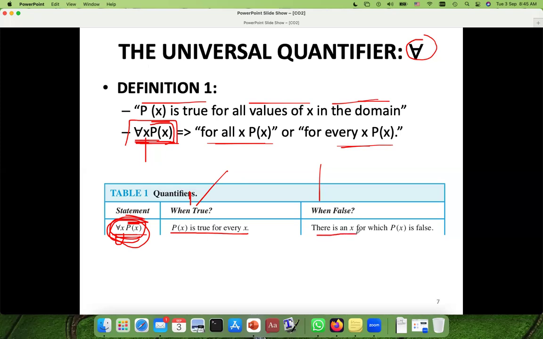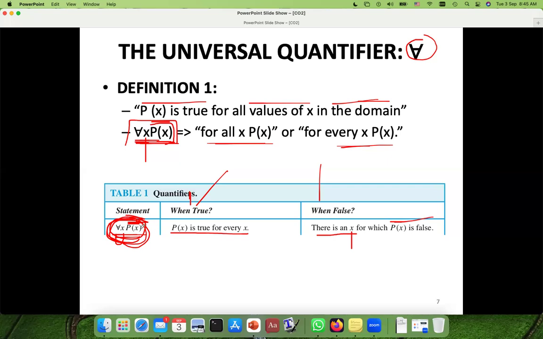There is an X, one X. X is a variable, it will have some value in it. There is an X for which this P of X is false, then this whole theory will be false. Okay, so this is the false condition of this statement.